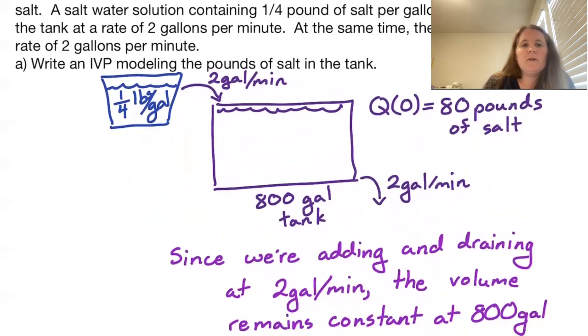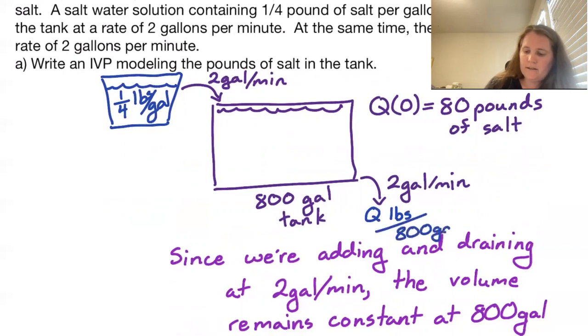The solution that we're losing, we have however many pounds are in the tank per 800 gallons, right? So each gallon should have that overall quantity divided by the 800 gallons.